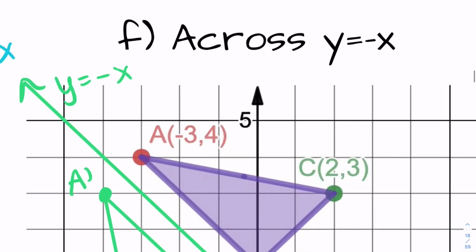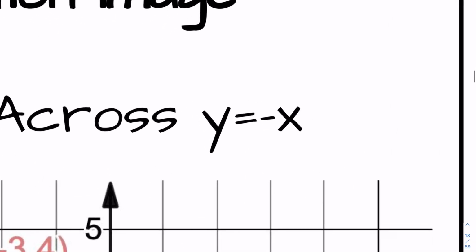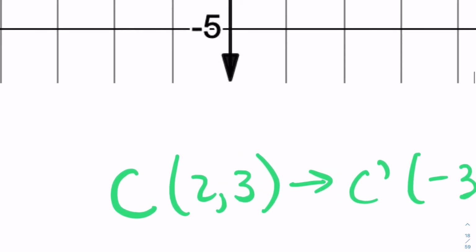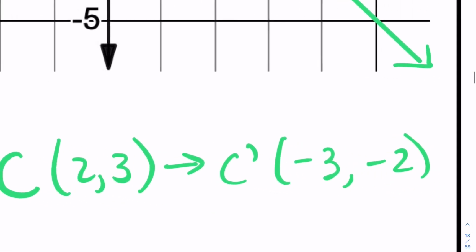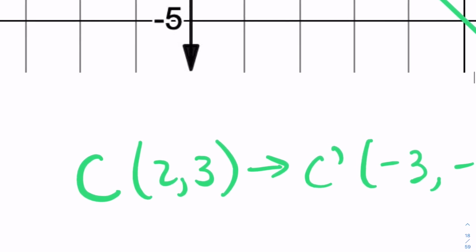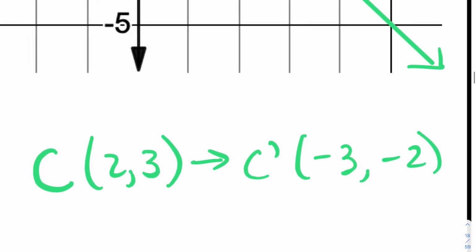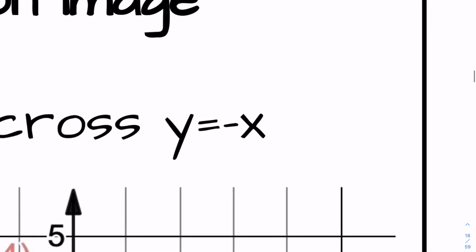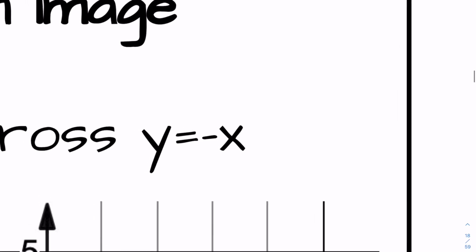Because when Y is equal to opposite X, then X is equal to opposite Y, meaning that if I have a 2, that's an X, I now have a negative 2 as my Y, and vice versa. So if I have 3 as my Y, then I have negative 3 as my X. Because what I've done is switched wherever I see a Y and put in an opposite X. Wherever I see an X, I put in an opposite Y.